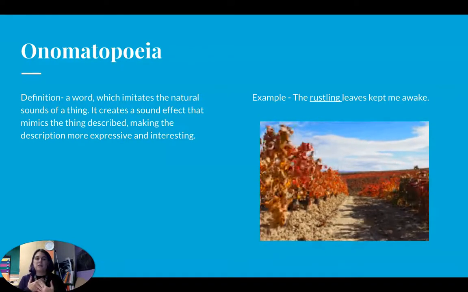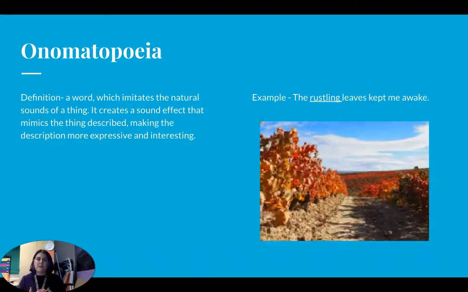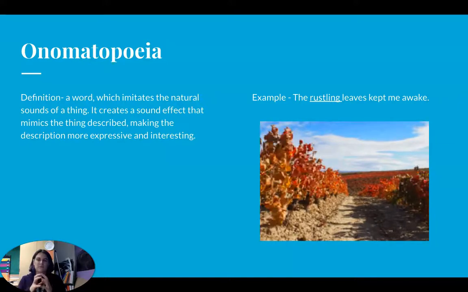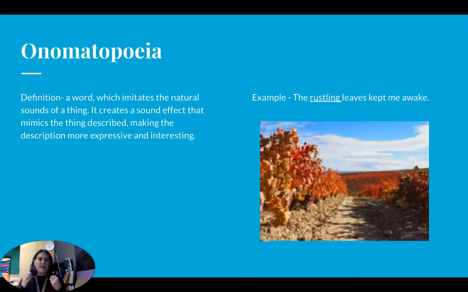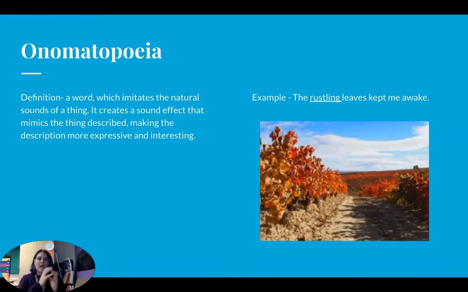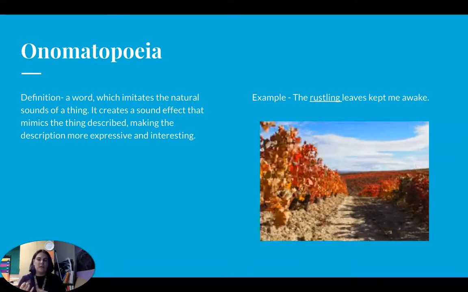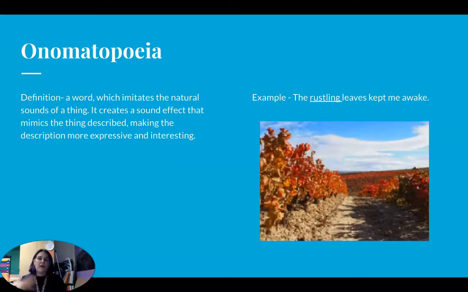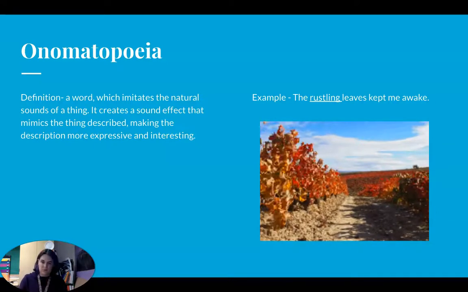I could call this the rustling of the leaves, because as the leaves go against each other, they make that crunchy, rustly type sound. But we don't have a real great word for it, so the word rustling sounds like that. These are the crash, bang, boom type words, but they can get more fun and more serious than just those simple ones.